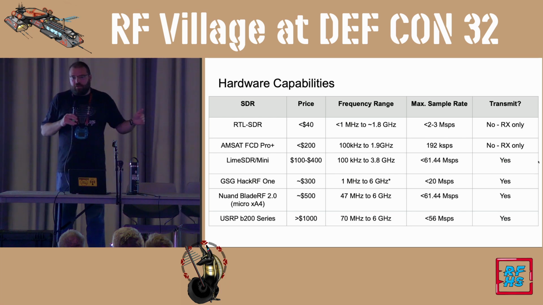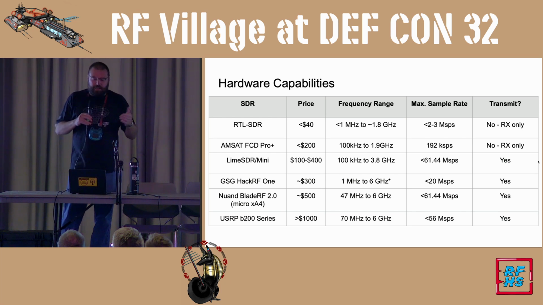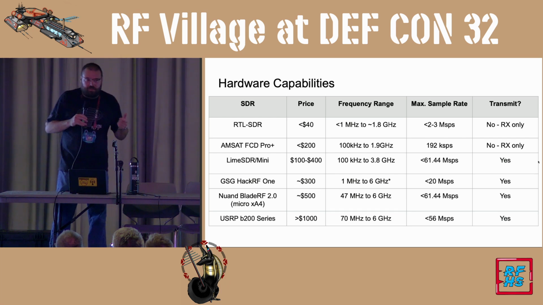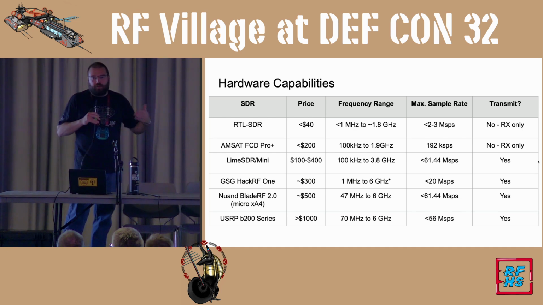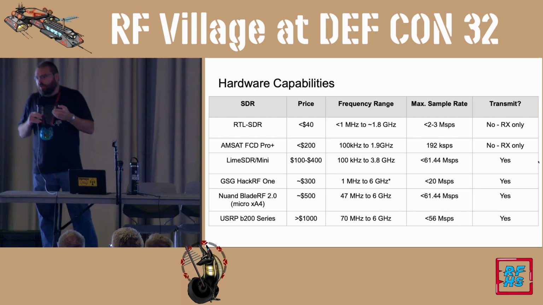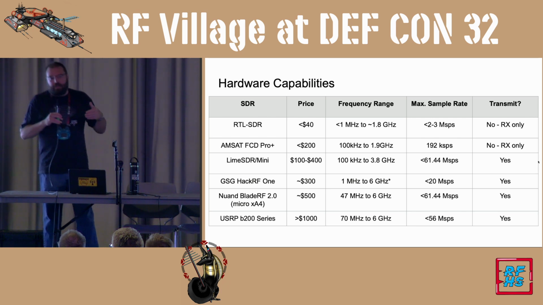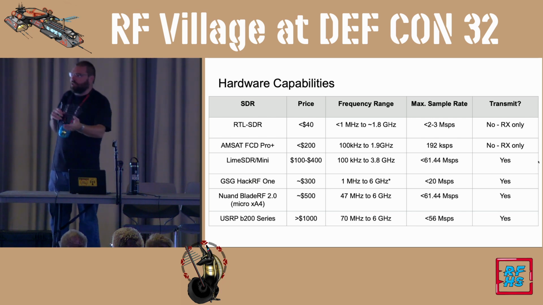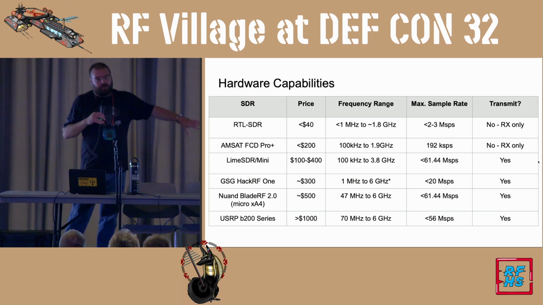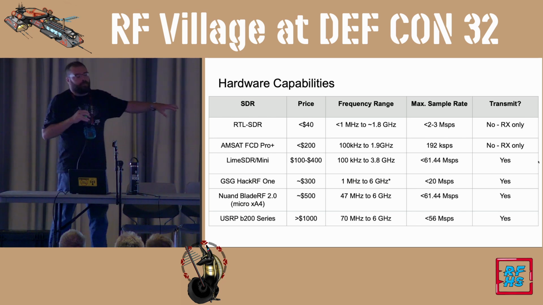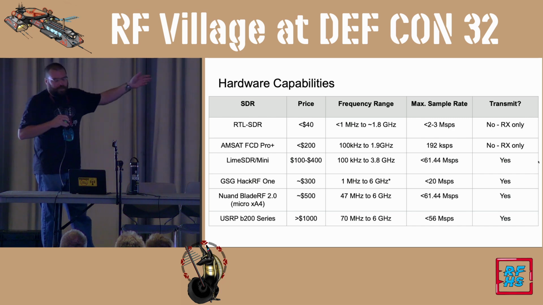They're receive only. It allows you to tune around and hear things. It's not till you get to the LimeSDR, the HackRF, the BladeRF, that you'll have the capability of doing transmit. So if your goal is to do TPMS transmit, or you need to transmit back to the table for the flag, you're going to need to spend time on the lower part of that table hardware, and not necessarily RTL SDR.